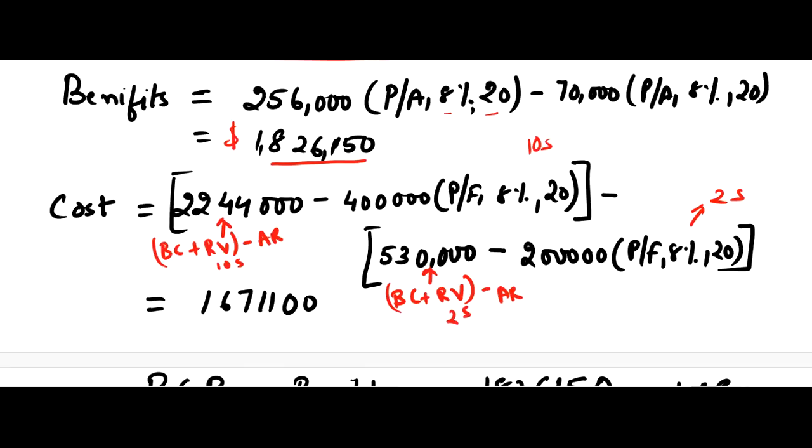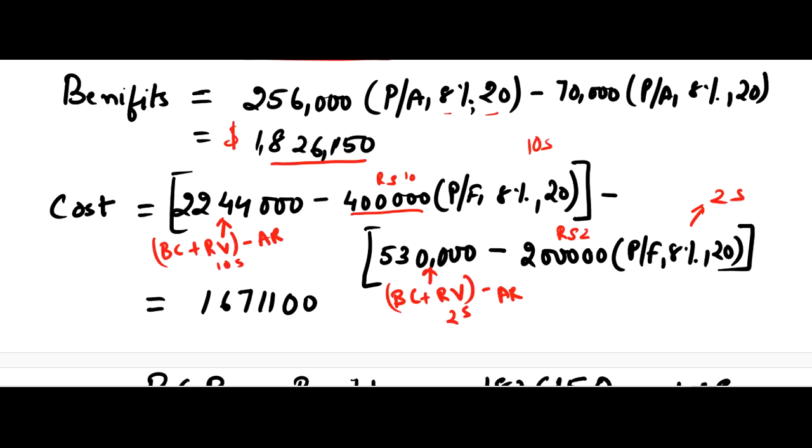When you calculate this, this 400,000 is the resale value for the 10-story case, and this is the resale value for the 2-story case. I'm sorry, it should be in subscripts to explain, but please ignore the inconsistencies. So this can be obtained as building cost plus resale value minus annual rental.